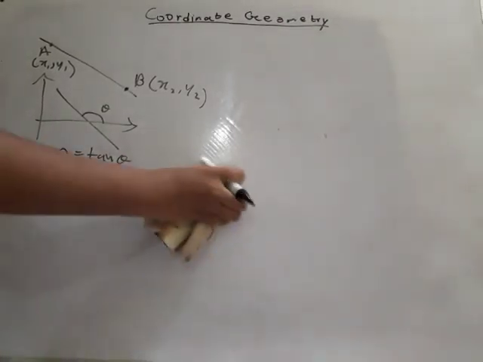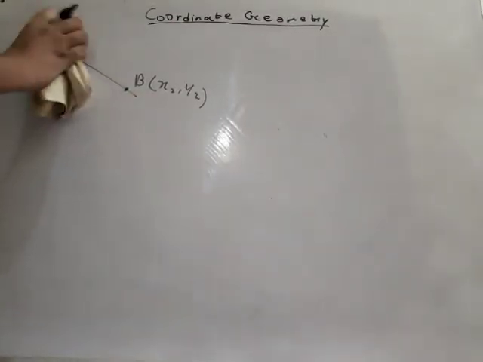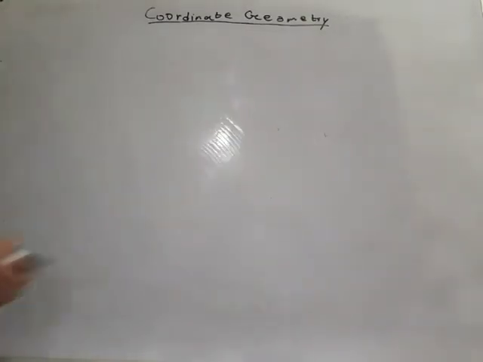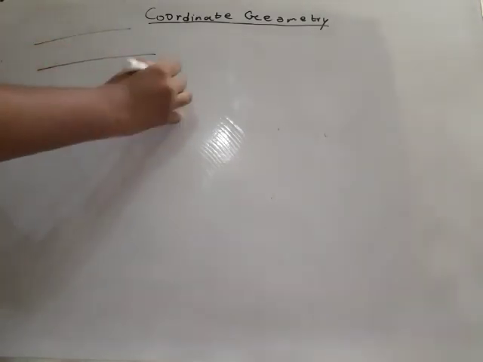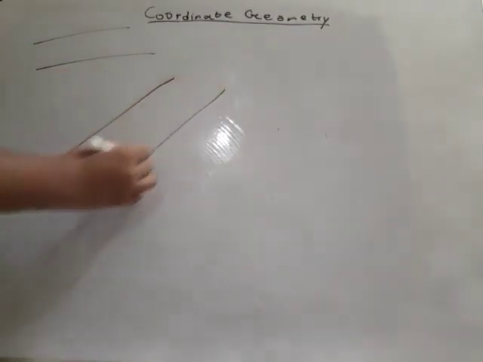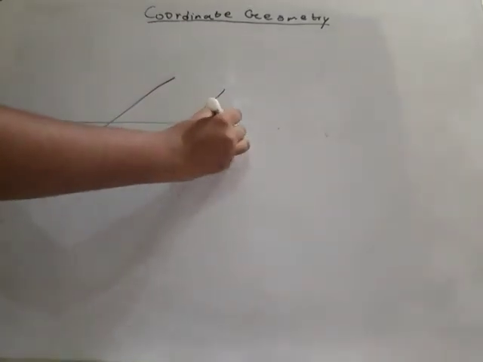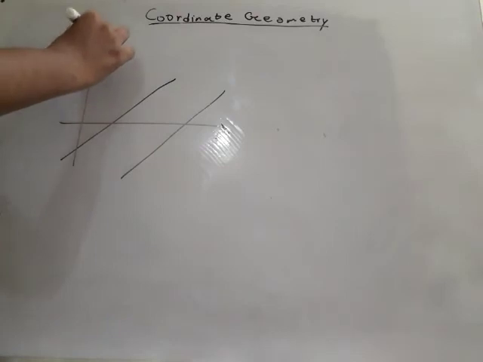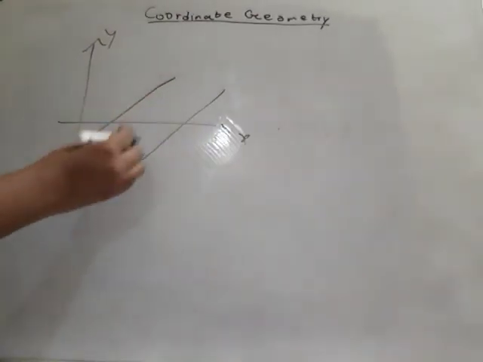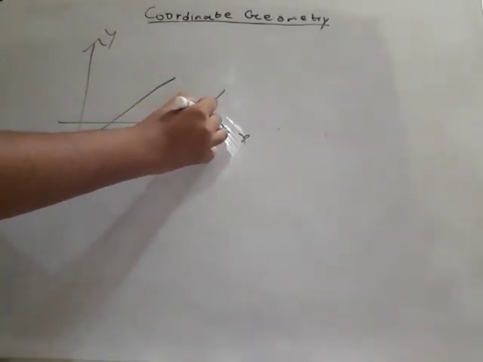Now how do we identify if two lines are parallel or perpendicular? Now if two lines are parallel, suppose this line is here, this line is here, and this is the x-axis, this is the y-axis. It makes an angle theta.